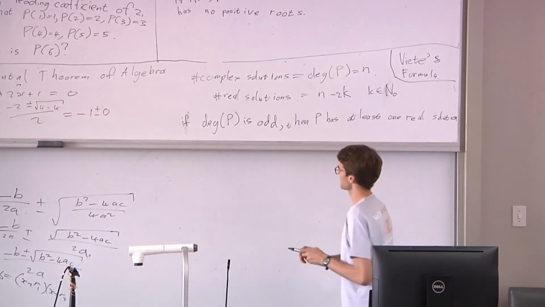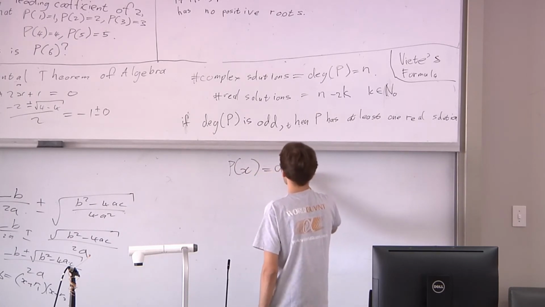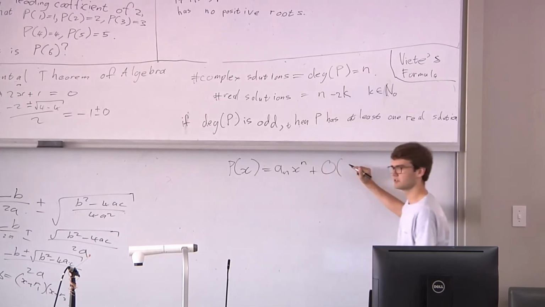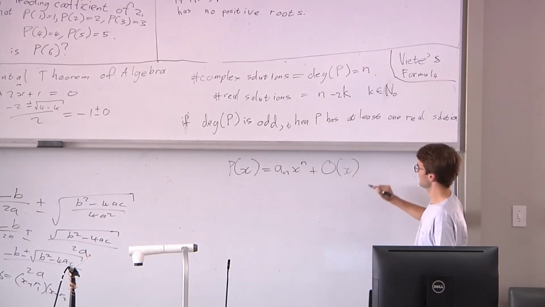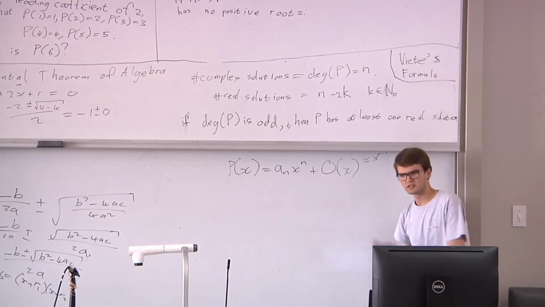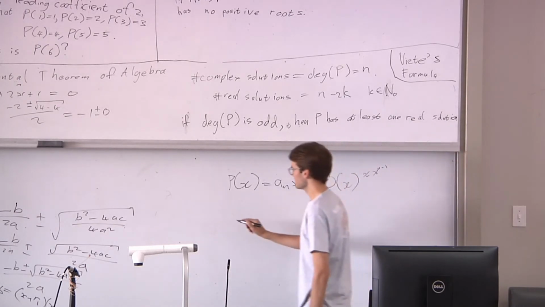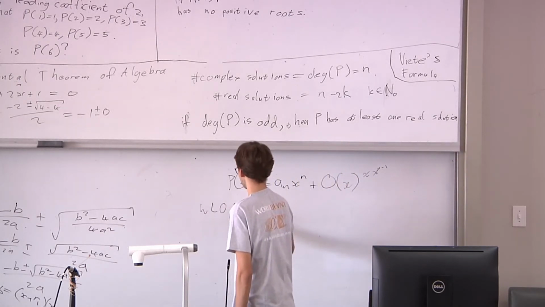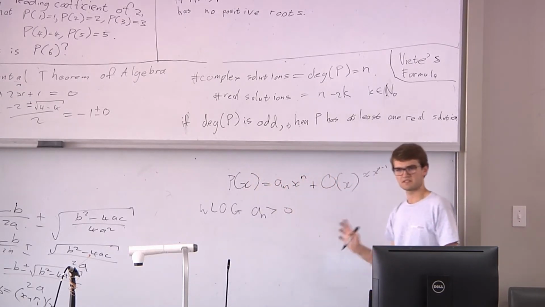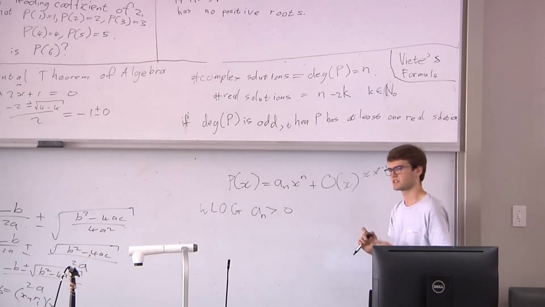So the idea is that you can write p of x as a_n x to the n plus some polynomial q of x, which is something times x to the n minus 1. You don't really care about the other coefficients, just the leading one. So we'll assume, without loss of generality, that a_n is bigger than 0, which just means that if a_n were less than 0, it would be the same argument, but some signs would change.